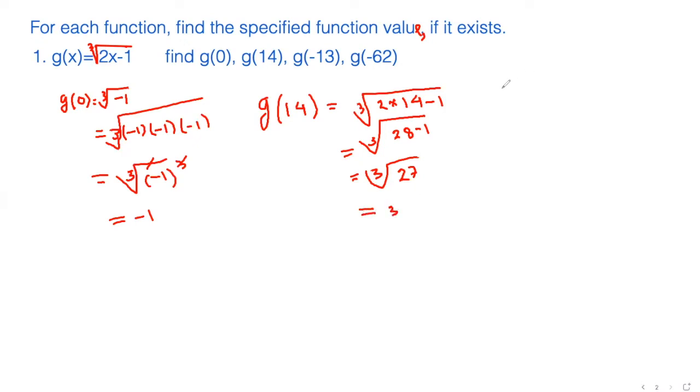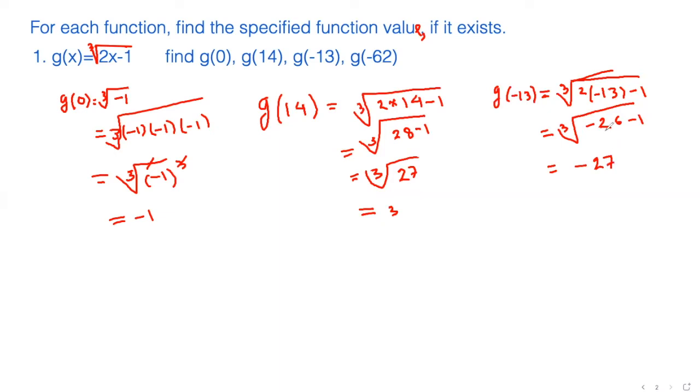So now g(-13). We are plugging in negative 13 for x. This is the cube root of 2 times negative 13 minus 1. Okay, so now negative 13 times 2 is negative 26, and minus 1, cube root.